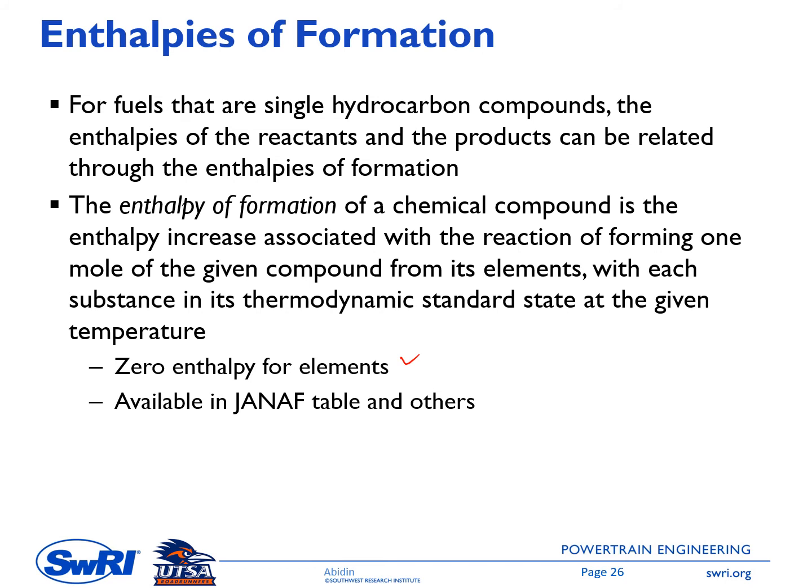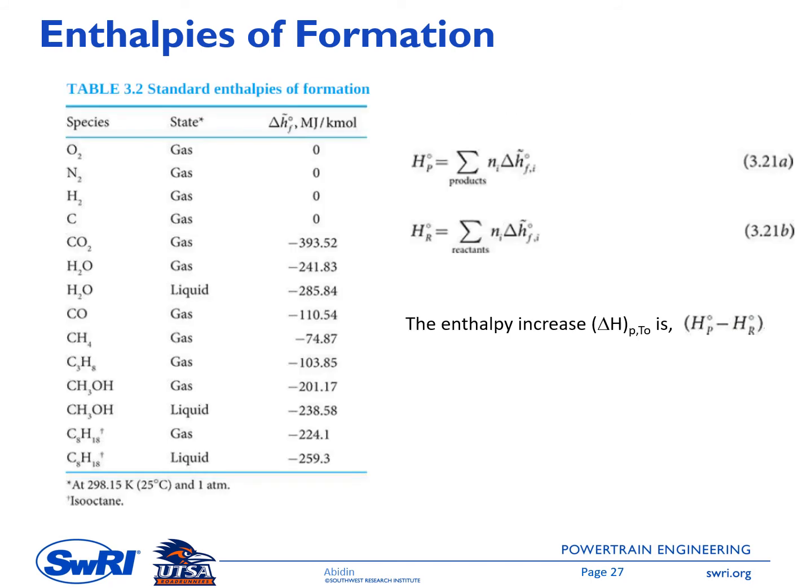This enthalpy of formation data is available in the JANAF tables and others. There is also a table in the Thermo 2 reference book, at the end of the book, that contains the enthalpy of formation for certain species. Table 3.2 shows the enthalpy of formation for certain species.